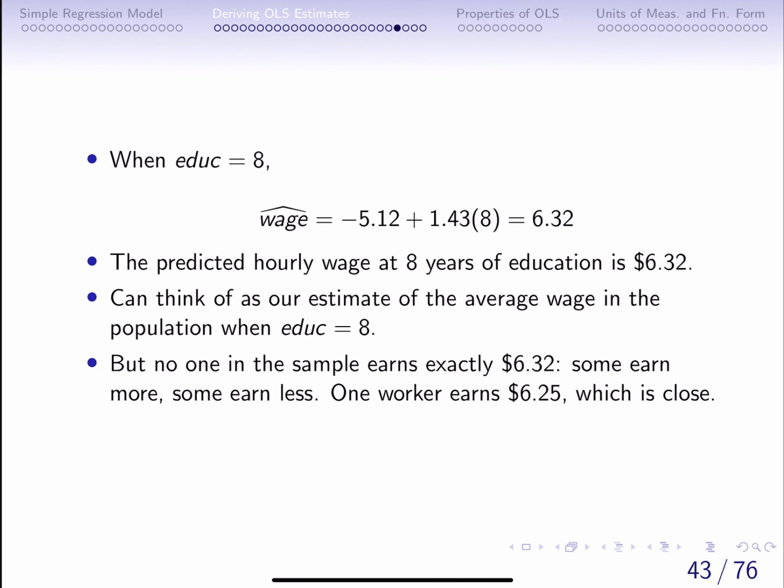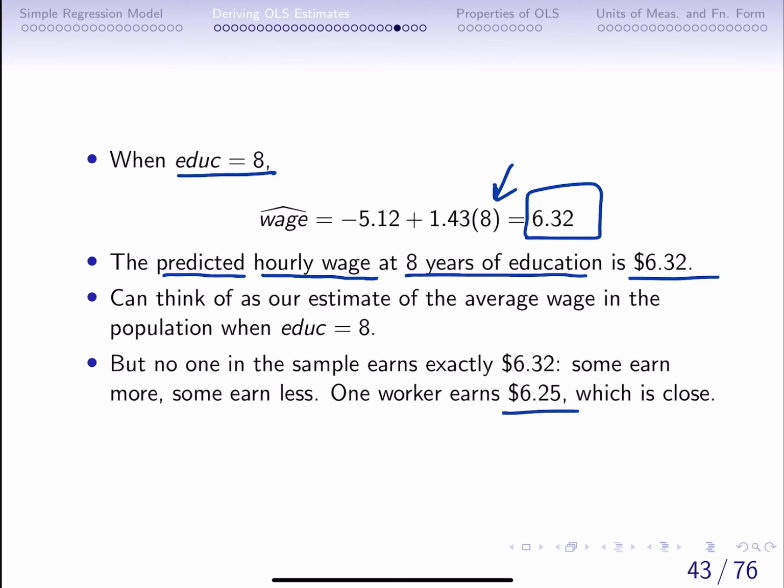Now, if education was equal to 8, then we can plug in 8 for X, for education, and then estimate what is the predicted wage. So here the predicted hourly wage at 8 years of education is $6.32. And in our data, there is probably one worker that earns $6.25.